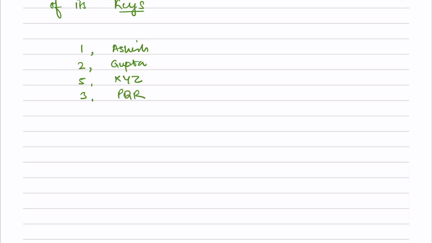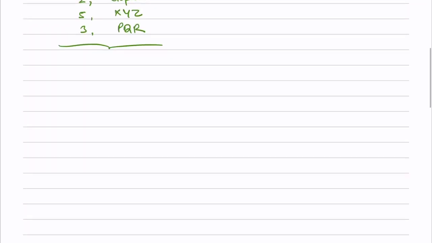By default, when you iterate this, you will get Ashish, then you'll get Gupta, then you'll get PQR, because 3 will come first when sorted. Although you can reverse sort it also.